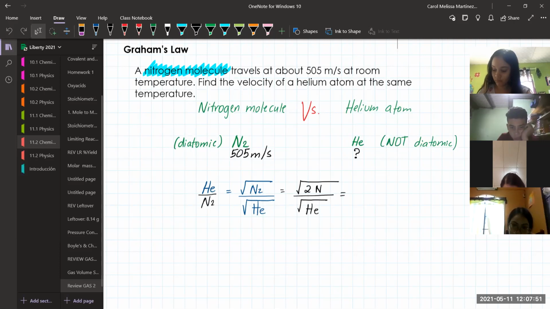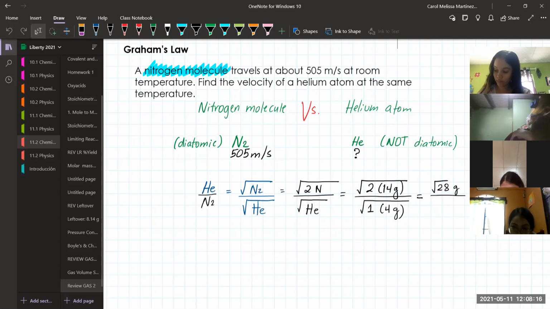This is equal to the square root of 28, 2 times 14 grams, divided by the square root of 1 times 4 grams. Okay, this is the same as the square root of 28 grams divided by the square root of 4 grams. In the end, the grams doesn't matter because you're going to cancel them.